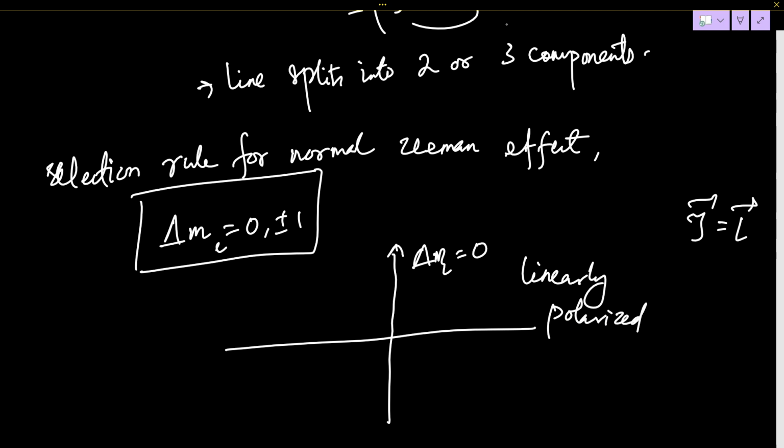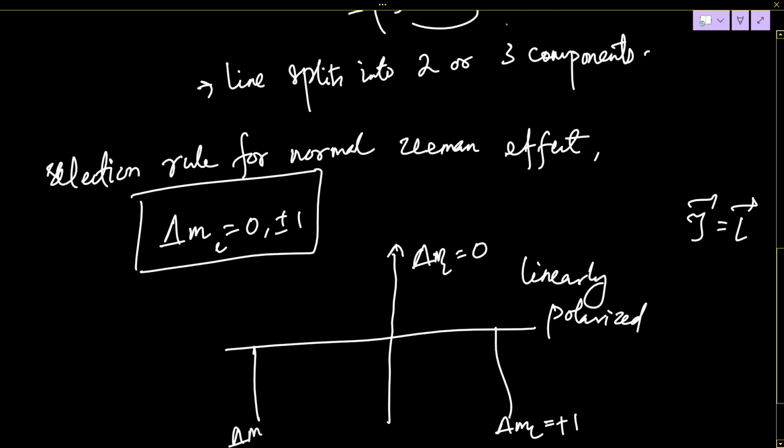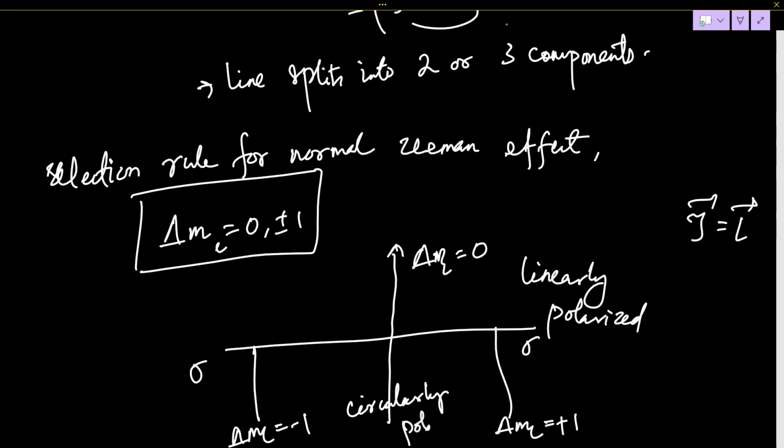Then delta m_l is equal to plus 1 and delta m_l is equal to minus 1, those are sigma components, circularly polarized.